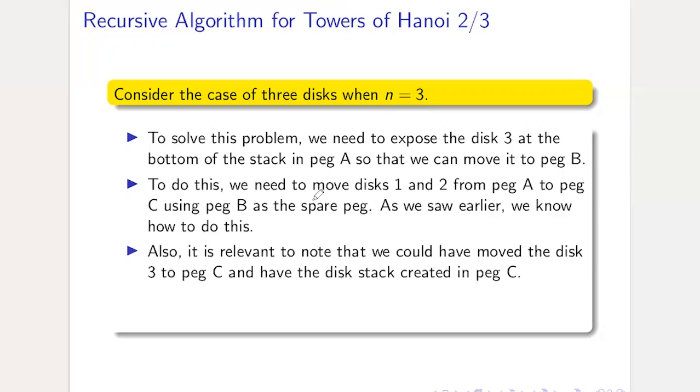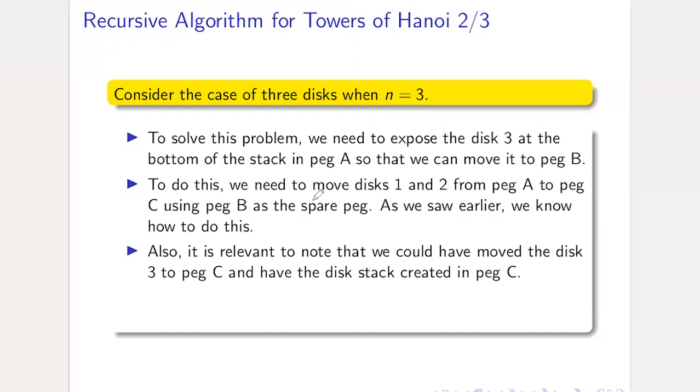So this way, until we get to the final solution, it is just a case of which peg we consider as the spare peg. There will always be a source peg, a destination peg and a spare peg.